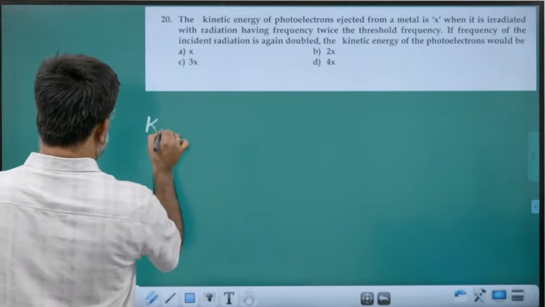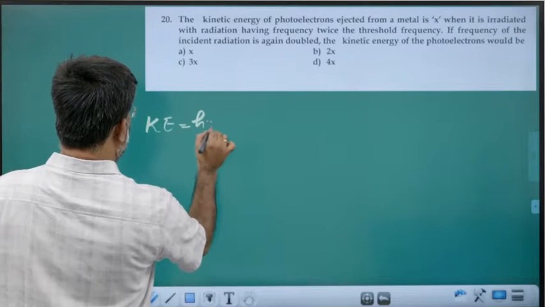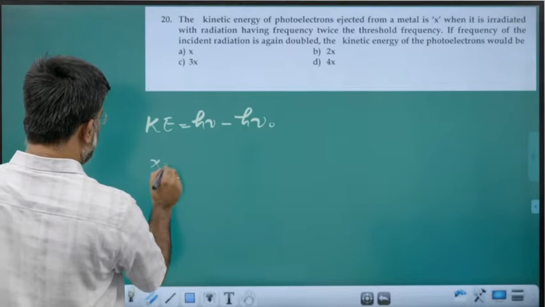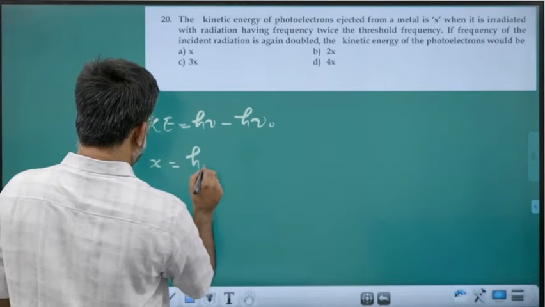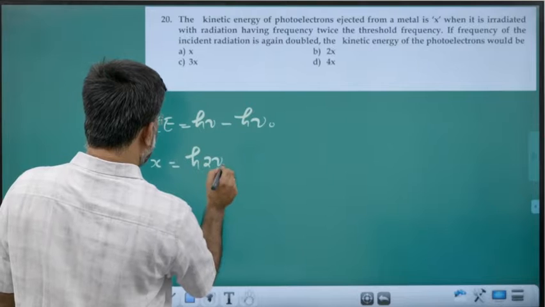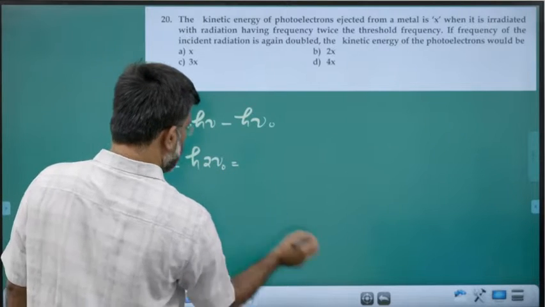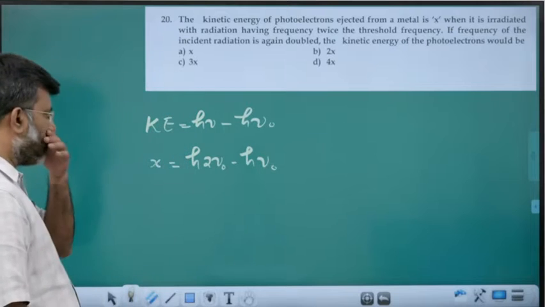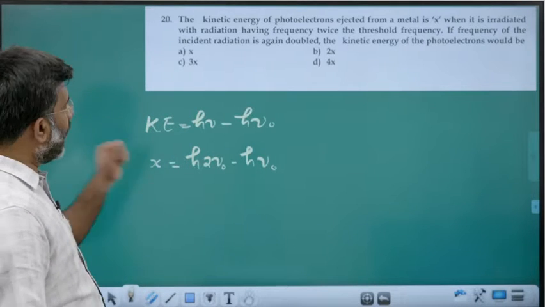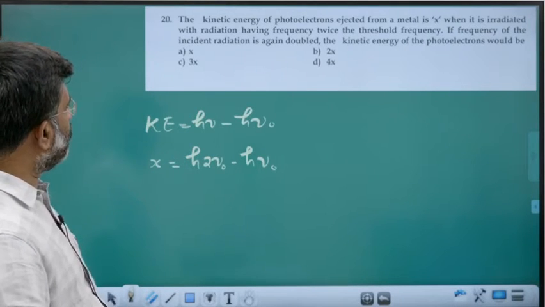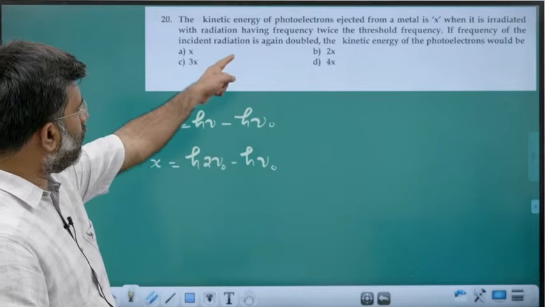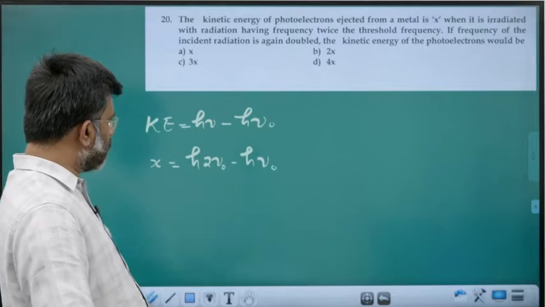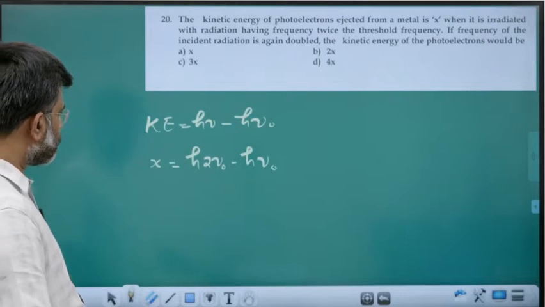So kinetic energy is equal to h nu minus h nu 0. This is equal to h 2 nu 0 minus h nu 0, which is X when irradiated with radiation having frequency twice the threshold frequency.